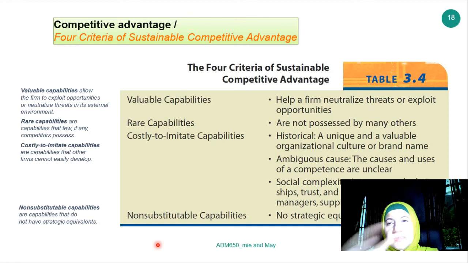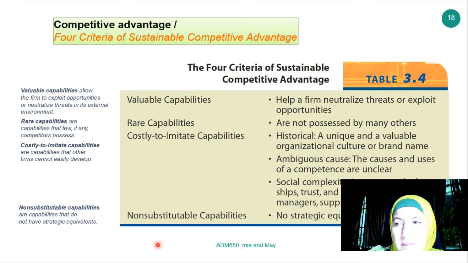For instance, last time there was a potential takeover of Institut Jantung Negara by Sime Darby. Sime Darby wanted to take over IJN, but it was not successful.